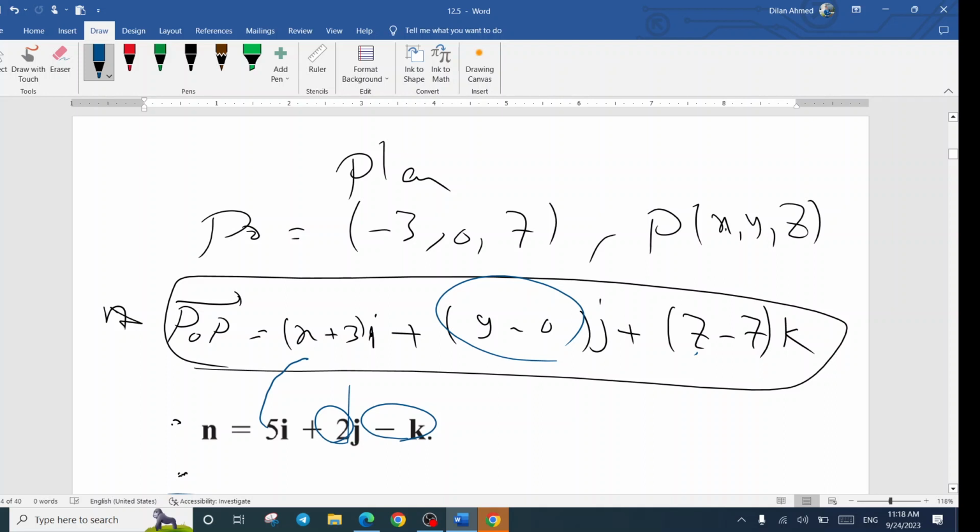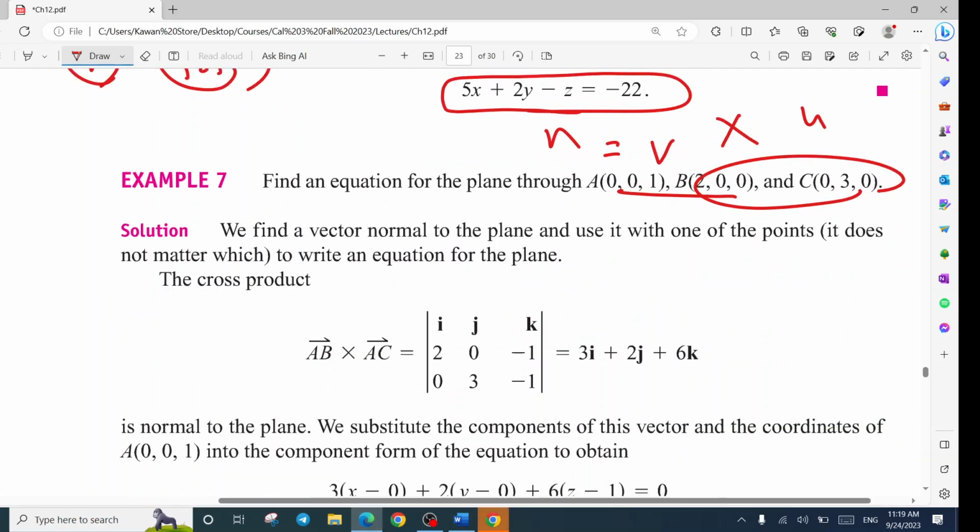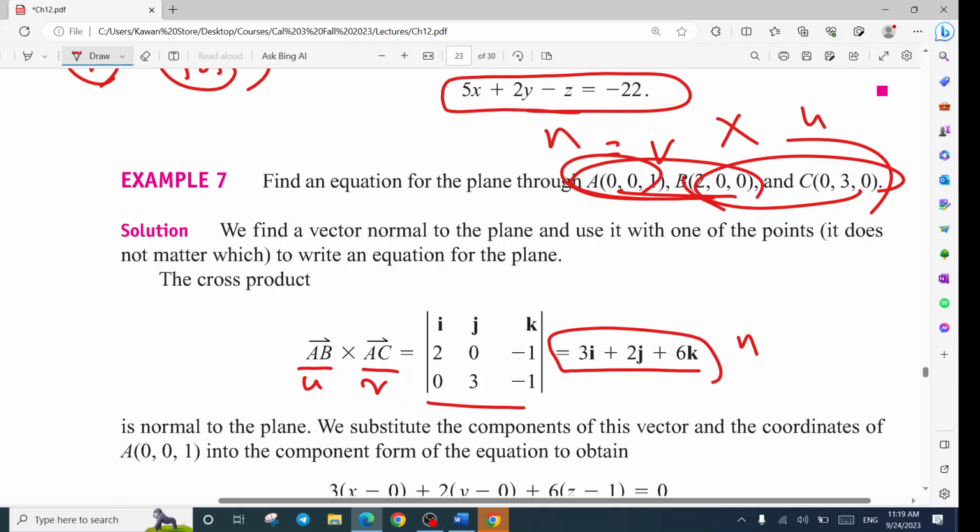We have A, B, C, up to you. Use one of them as P naught, and here's the P, general. You got it? Good. Now, I'm going to find AB, which I call u in my mind, and I'm going to find AC, which I'll call v, and I'm going to cross them. The result will be my n. You got it?